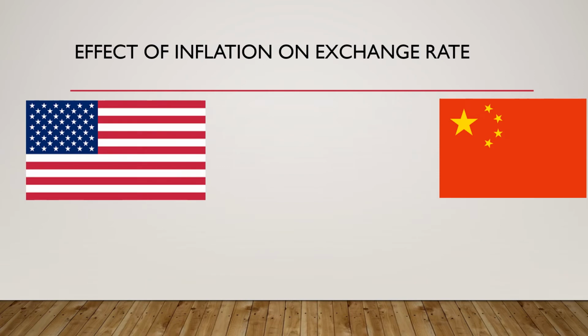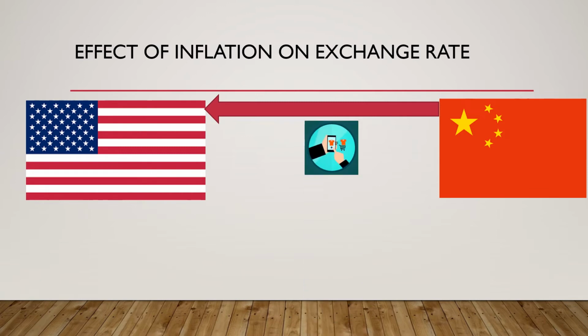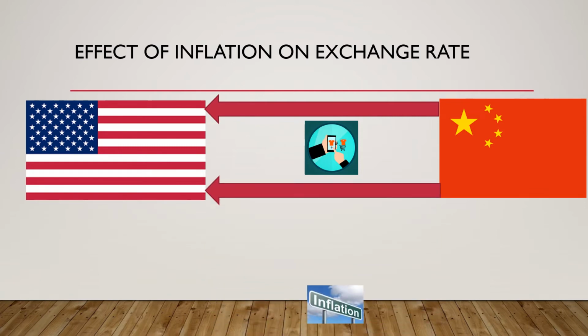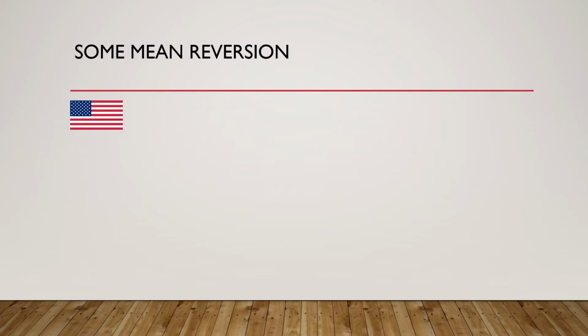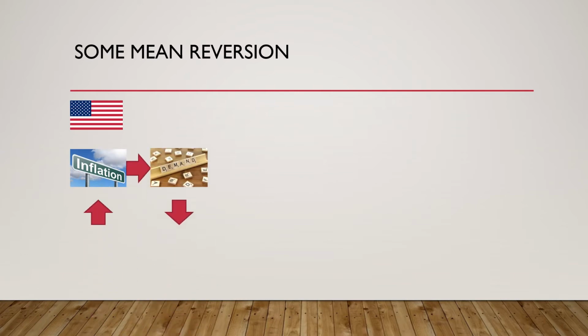Now, what would have happened? Well, as international trade matures, China, apart from supplying goods and services to the US, should also be sending inflation back to the US. In a normal scenario, as the imported inflation rose in the US, the overall demand for those goods and services in the US would have declined.